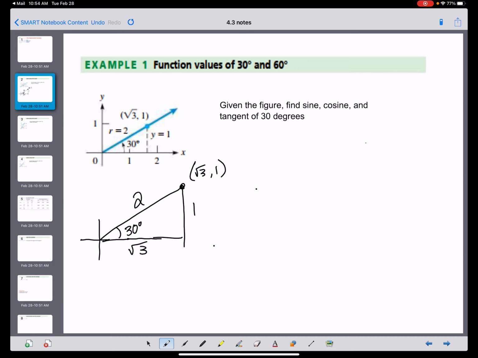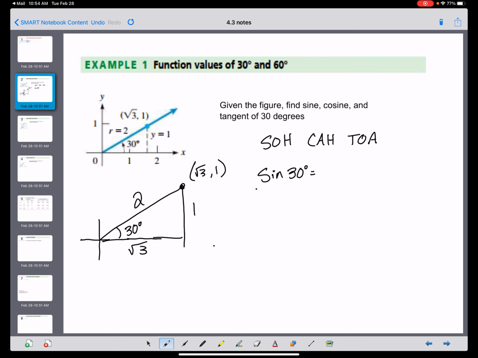Well, some old hippie caught another hippie tripping on acid, right? Sine of my 30-degree angle, so sine of 30 degrees, because we're always saying the trig function of an angle: sine of an angle, cosine of an angle, tangent of an angle.